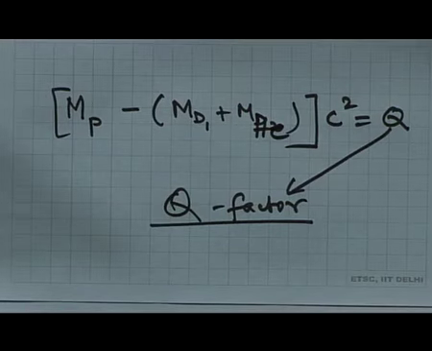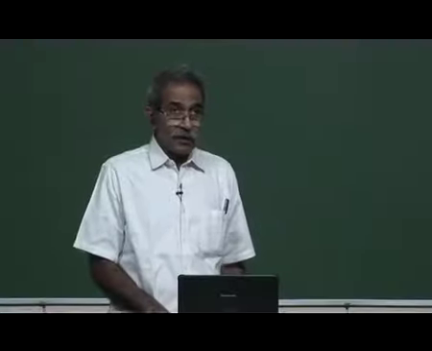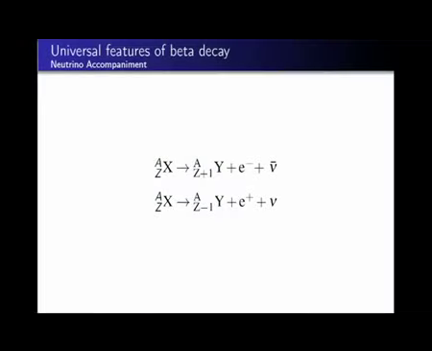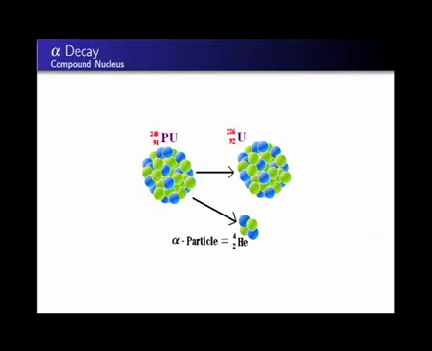Now comes the beta decay process, and the point that I want to make is that there is a fundamental difference between beta decay and alpha decay. Maybe I made a comment in the previous slide. If you look at the top, there is a statement I made, called a compound nucleus. In this process, you can pretend as if my plutonium is a compound nucleus.